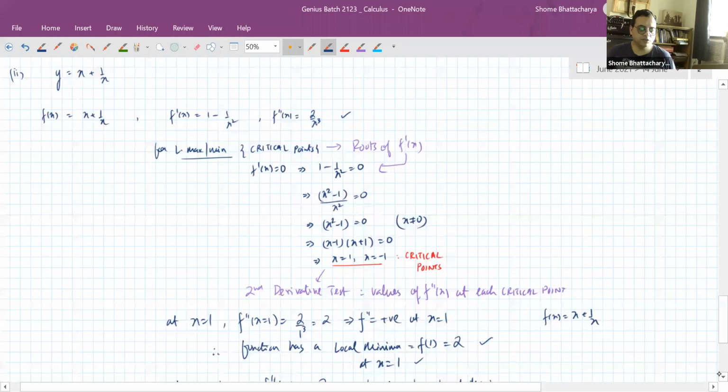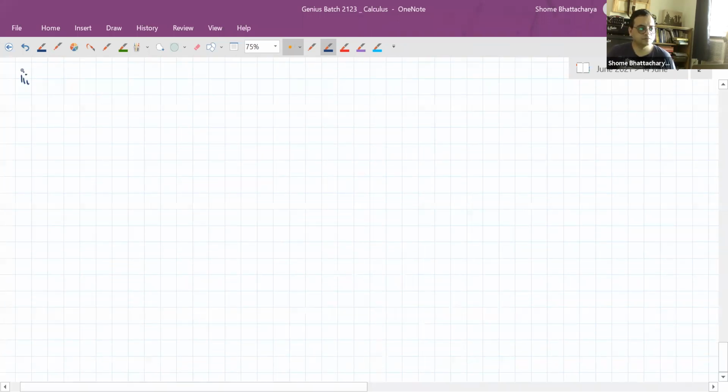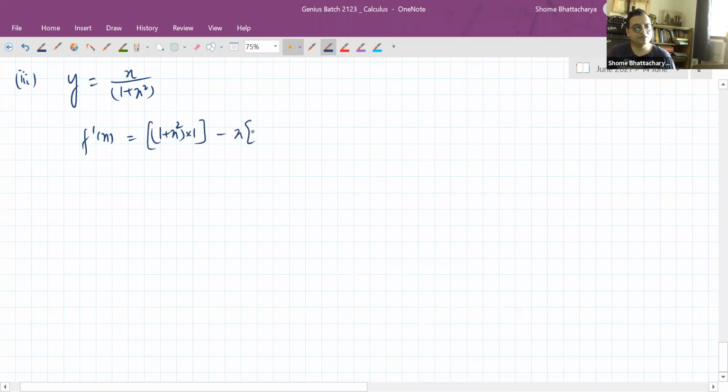Okay, let's come to the third one. So the derivative of the function will become denominator into differential of numerator, minus numerator into differential of denominator, divided by the denominator whole square.